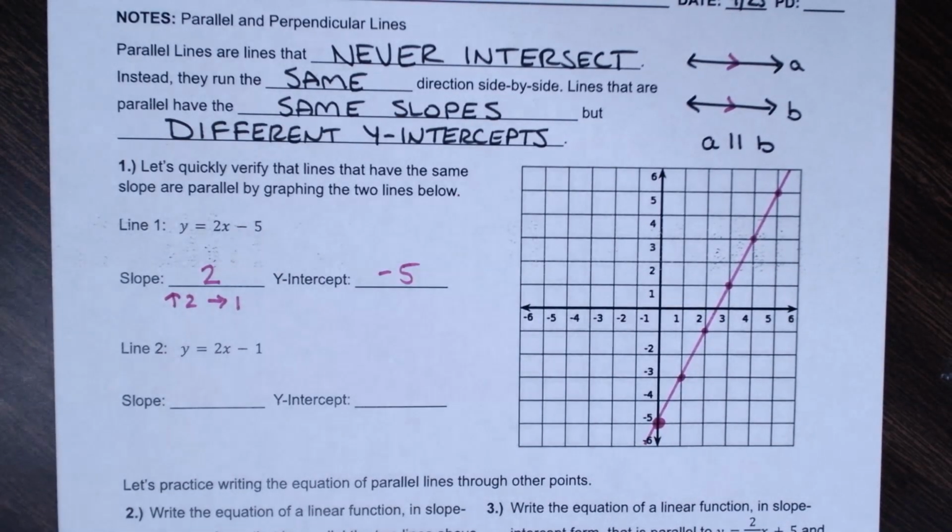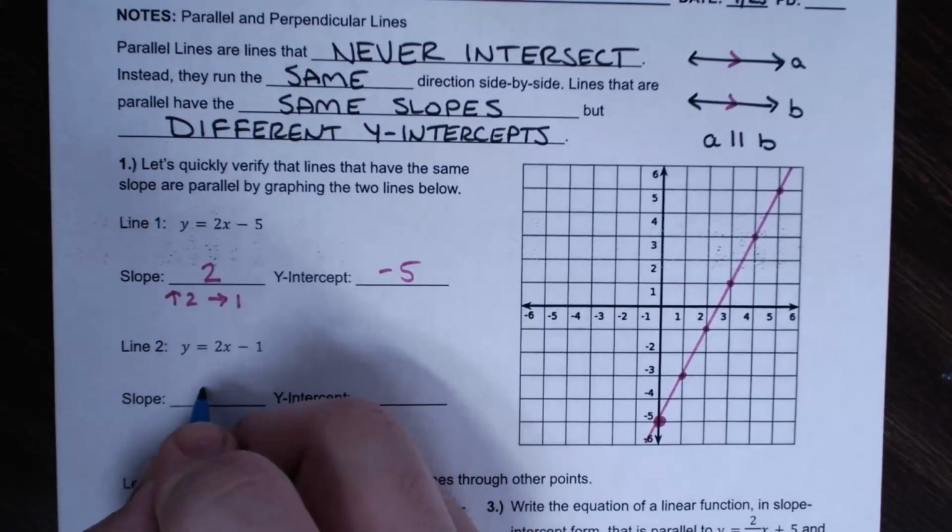Next one, y equals 2x minus 1. What's the slope there? 2 again. Y-intercept is?